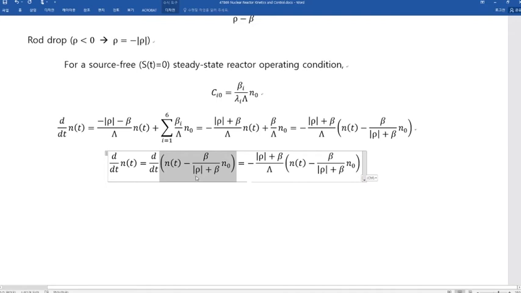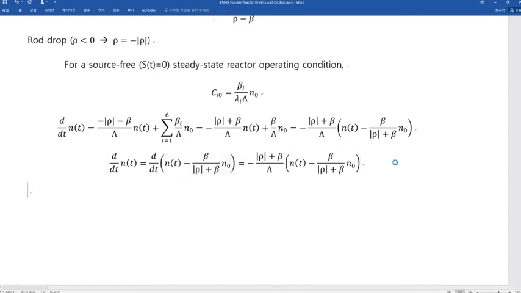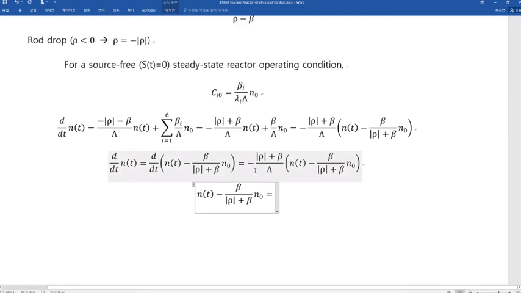What can be seen is that the differentiation of this function equals some minus some constant times the function itself. This is the major characteristic of an exponential distribution. So in fact, we are able to calculate the solution.